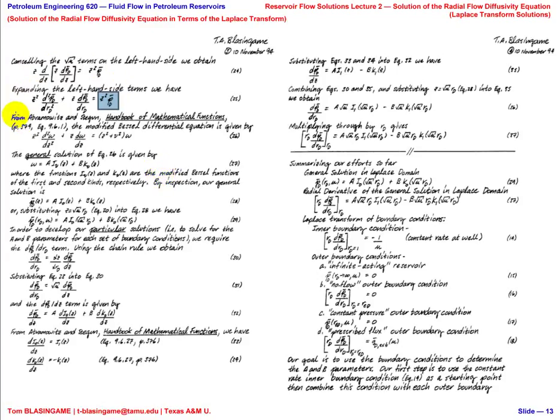We go to the Handbook of Mathematical Functions, which I provided a copy for you in the references, and technically this is a government document, so it's seen as being public domain, so I can do that. And then we have z squared multiplied by the second derivative of w with respect to z, plus z times the first derivative of w with respect to z, and then minus z squared plus v squared multiplied by w. So what is v for our case, class?